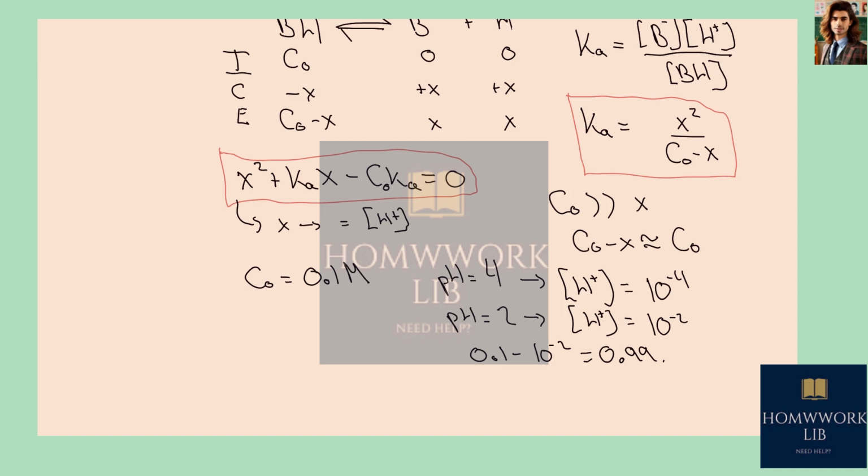Okay, so you can use some possible values for pH to know if the approximation will work out or not. In this case, since we're dealing with weak acids and we have a relatively high concentration that is equal to 10 to the minus 1, then we know that approximating C0 minus x to C0 is always going to work in this case, just because of the high concentration of the acid that we have.